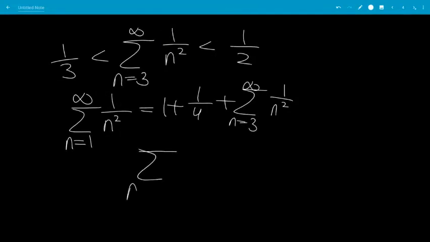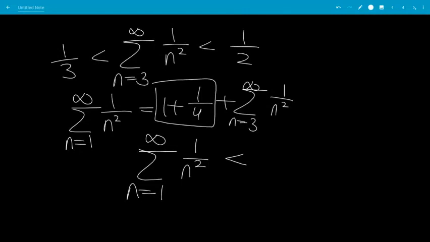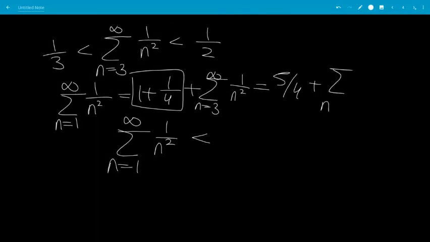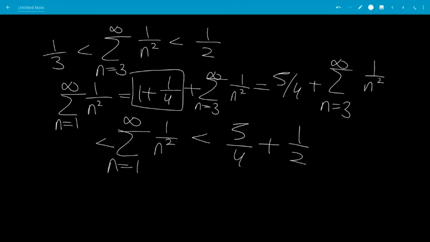So this is 5/4 plus the sum as n goes from 3 to infinity of 1 over n squared. So this is between 5/4 plus 1/3 and 5/4 plus 1/2.